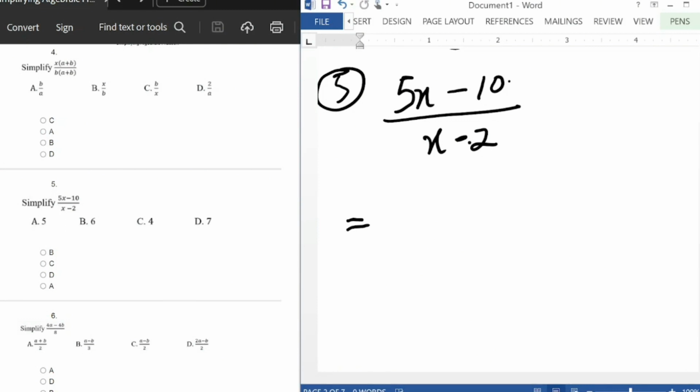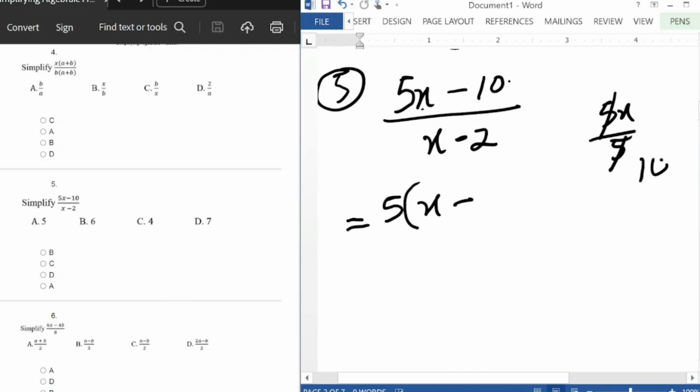So what you're expected to do here is to factorize the numerator. So how do you factorize? What is common to 5x and 10? The highest common factor of 5 and 10 is 5, right? Then you open a bracket. So when you divide 5x by 5, what you have left is x minus, then you pick the same thing divided by this 5 again, and that gives 2.